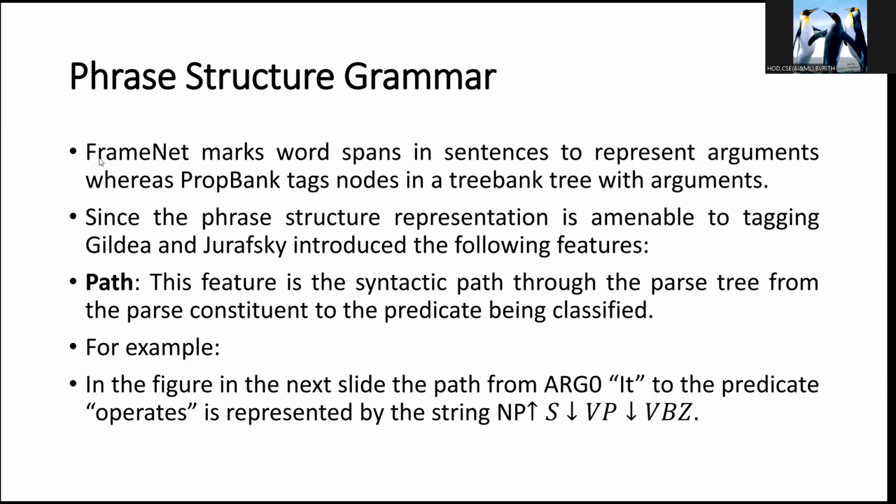Say, for example, there is a word called operates. Operates is our word, and initially it is categorized under the noun phrase, and from the sentence, noun phrase or verb phrase, or VBZ.